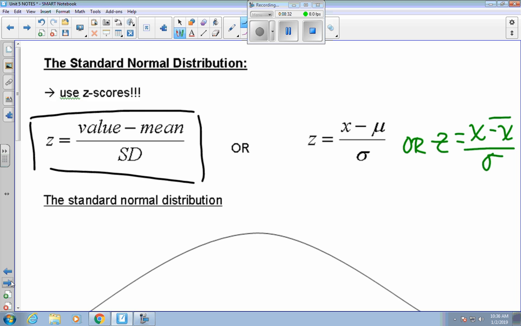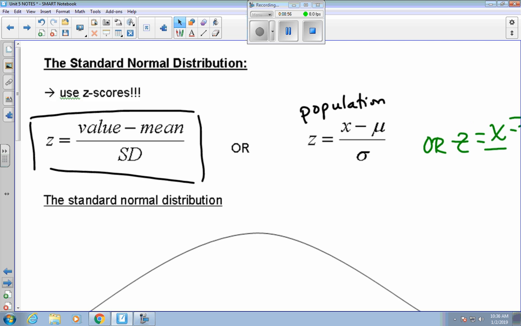Now, the 2 formulas that we have are here to the right. So we have x minus mu all over the lowercase sigma, and that's if you're dealing with a population. Or you can have the z value equals x minus x bar all over, and I'm going to change this, and I'm going to make that an s.